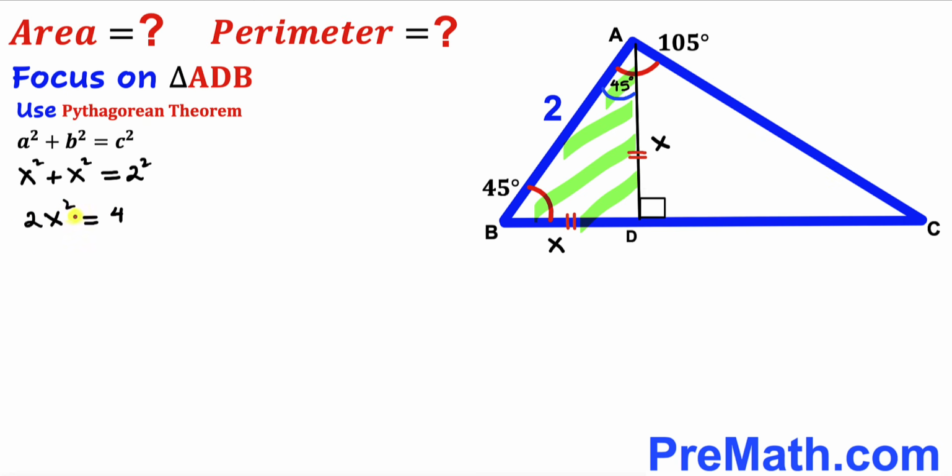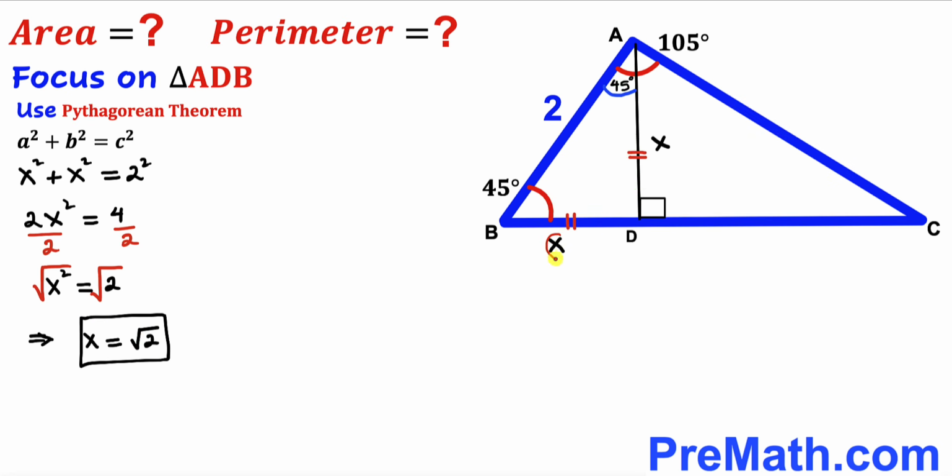And now I'm going to divide both sides by 2. So therefore our x square is going to be equal to simply 2. And now I'm going to undo this square by taking a square root on both sides. So therefore our side length x value simply turns out to be square root of 2 units.